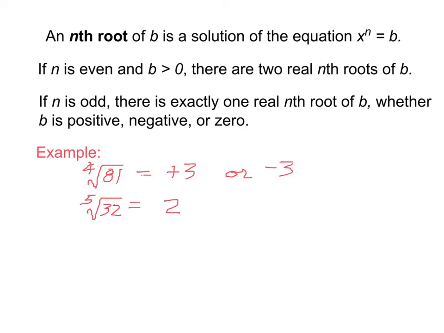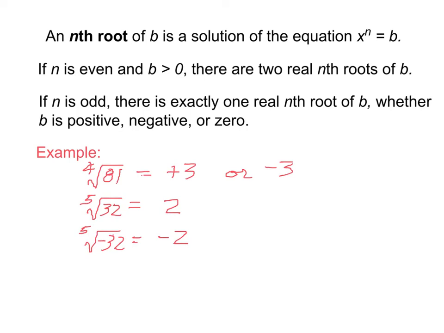There is no other root. Now what if we have the fifth root of minus 32? Again, there's only one answer. n is odd. The answer for this one is going to be negative 2.